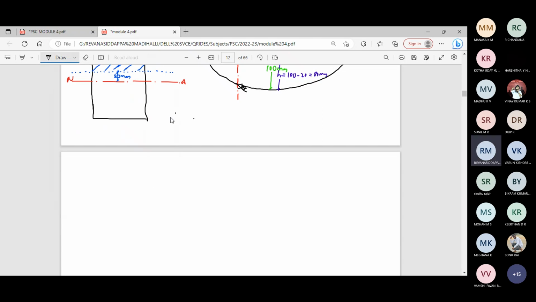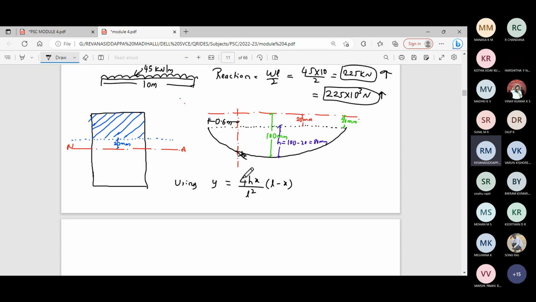So, using the equation of the parabola, what is the equation? y is equal to 4hx by L square into (L minus x). Using this, we can find the slope value. Why are we following this basic principle?